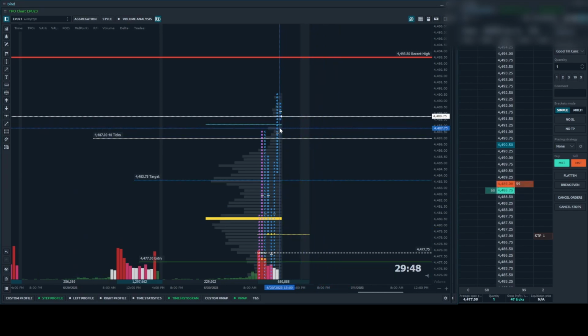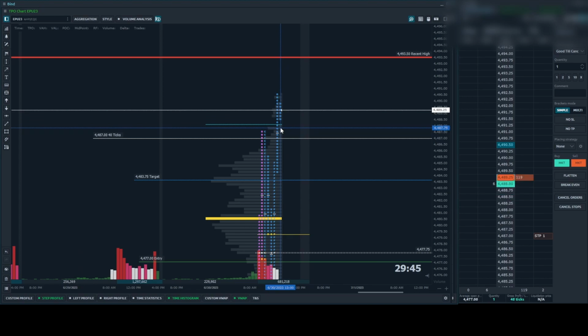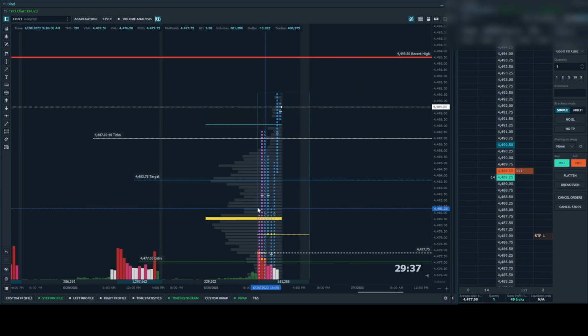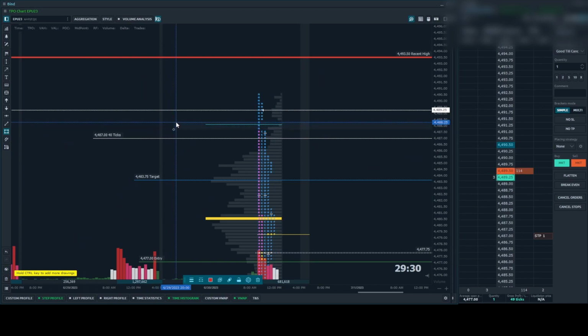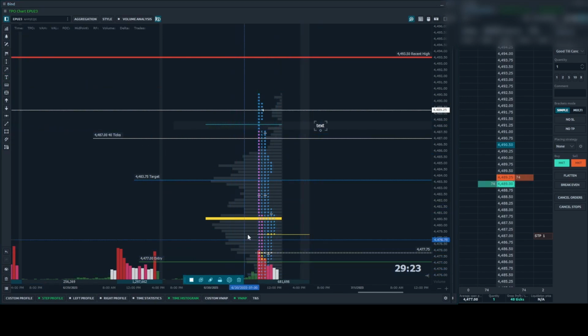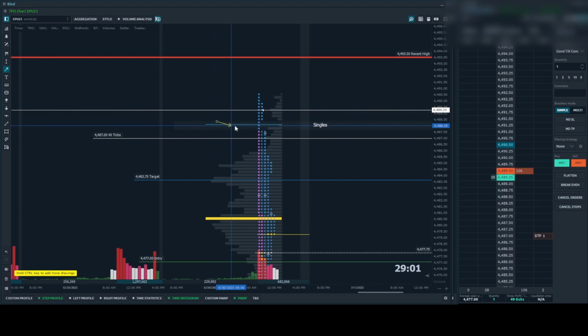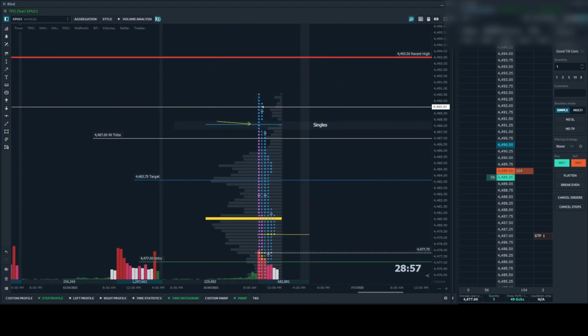Now with H, there's a good chance it's going to want to fill these singles here. I just like to keep track of this stuff.